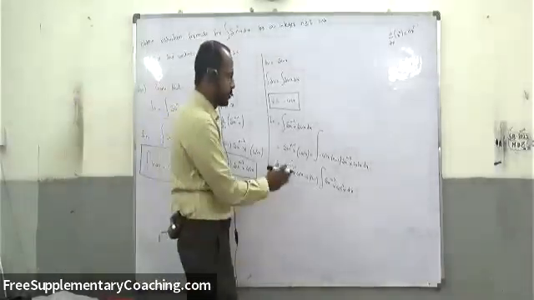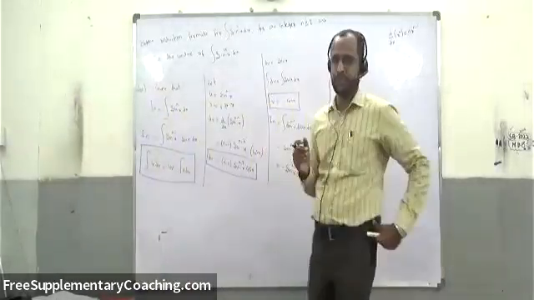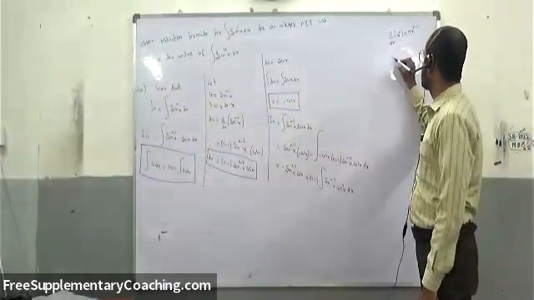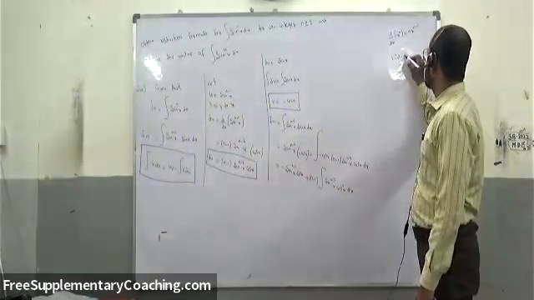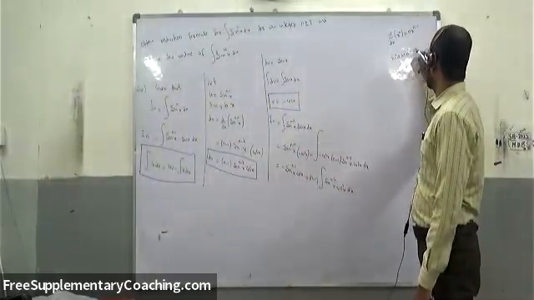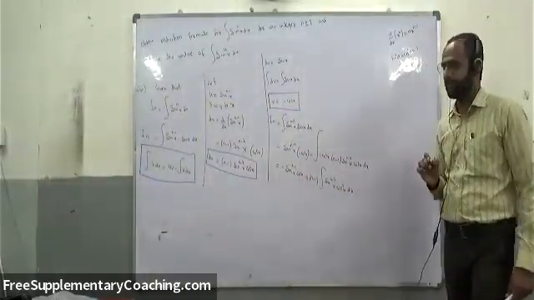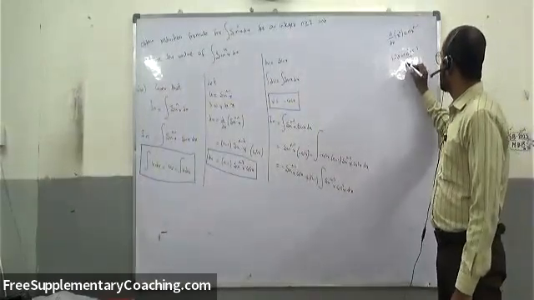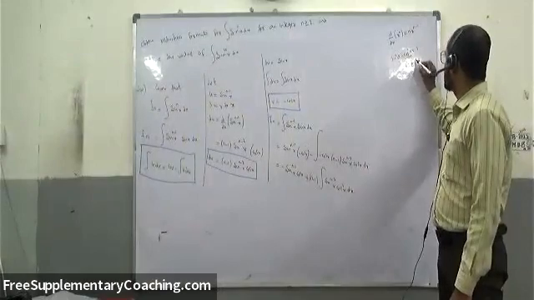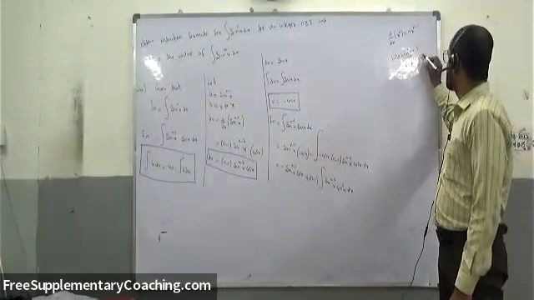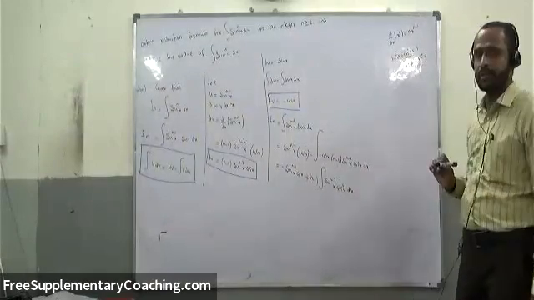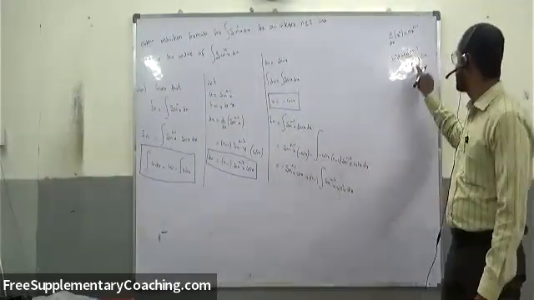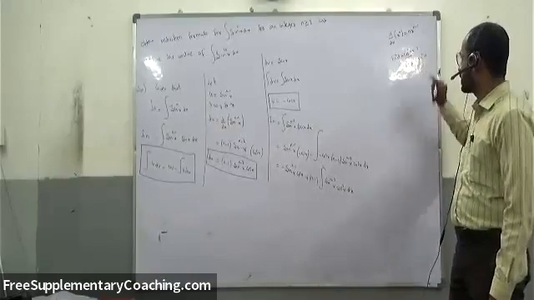Here I'm using basic knowledge of trigonometry. That is one of the identities I'm writing here. We know that sin square theta plus cos square theta is equal to 1. If I want the cos square theta value in terms of sine, cos square theta is equal to 1 minus sin square theta. So in the place of cos square x, I can use 1 minus sin square x.